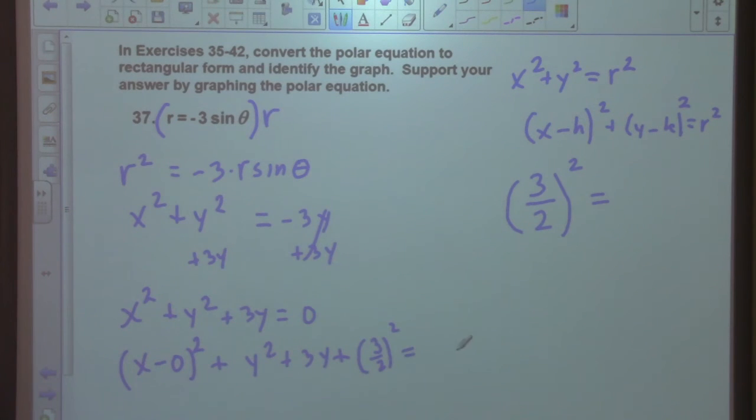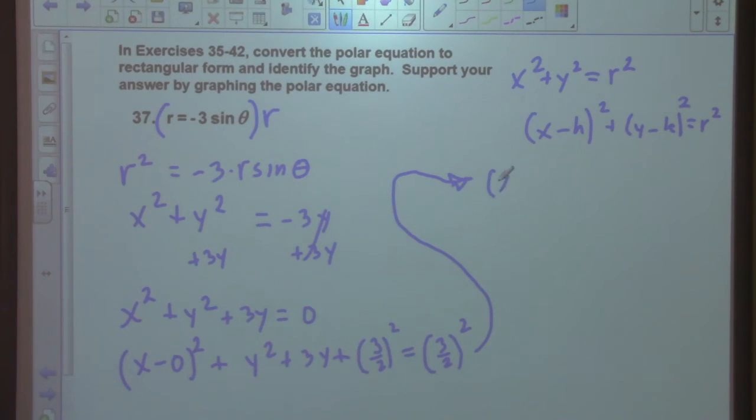And on the right side, since I added 3 over 2 squared on the left side, I add 3 over 2 squared on the right side. Okay? And I'm just leaving some room up here with what I'm doing. And so now, I'm going to come up here and just write and work below.